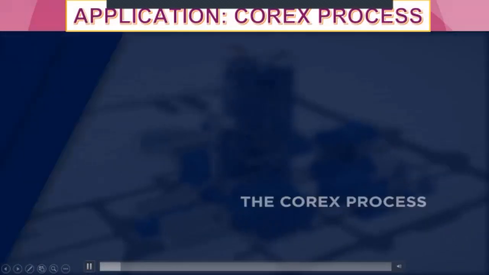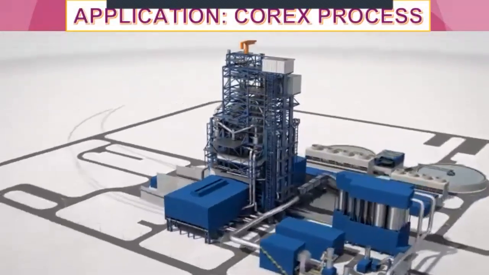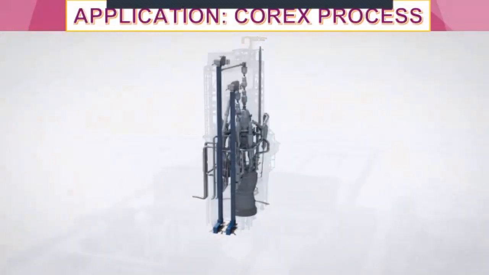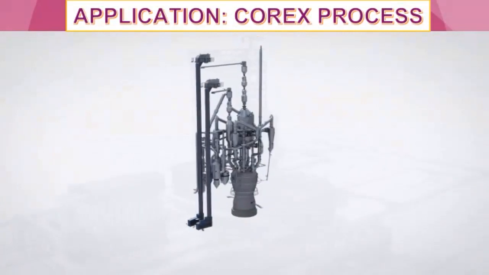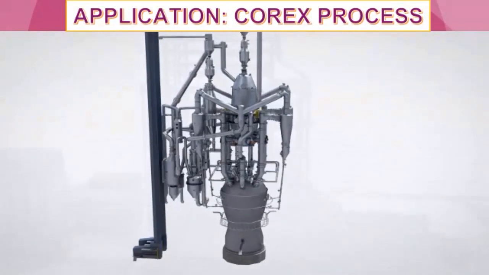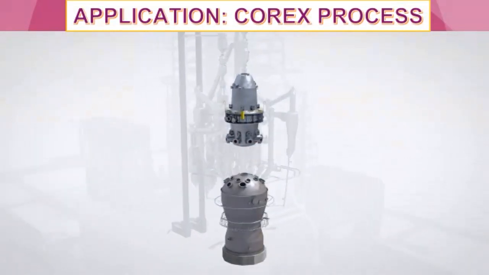KOREX is an innovative iron-making technology which is characterized by its economical and environmentally friendly operation. This is made possible by the unique design of the plant. A key feature of the KOREX process is that iron production is carried out in two separate reactors.